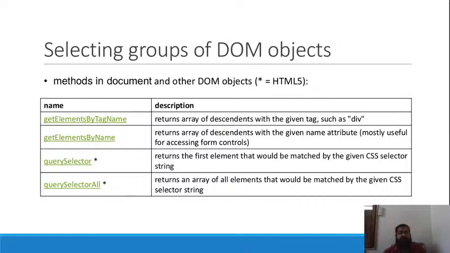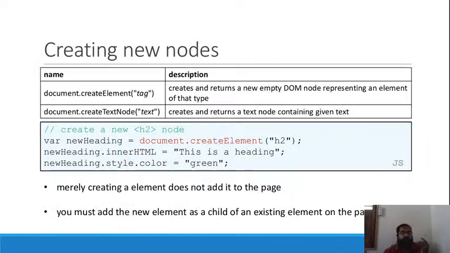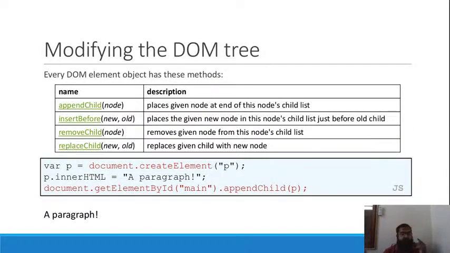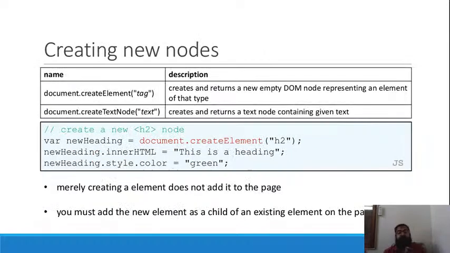Say you can return, so getElementsByTagName returns an array of descendants with the given tag such as div, okay. So you should understand that it has getElements, right? So earlier when we were looking at getElementById, it meant that we were getting one element, correct?